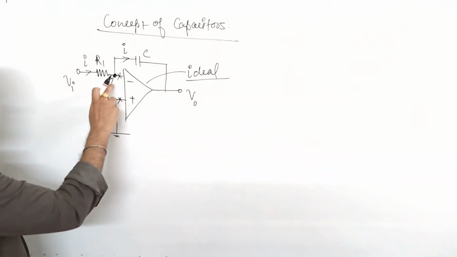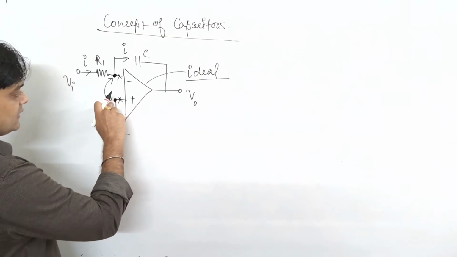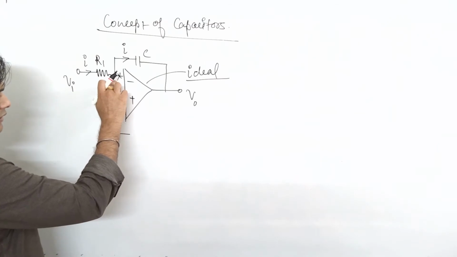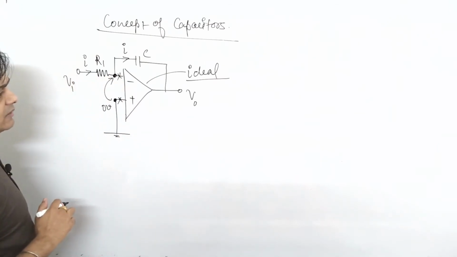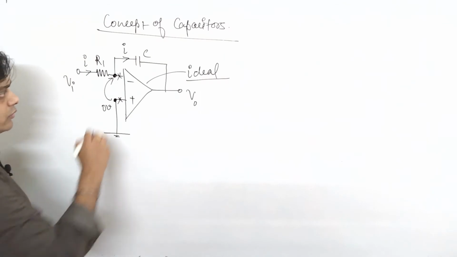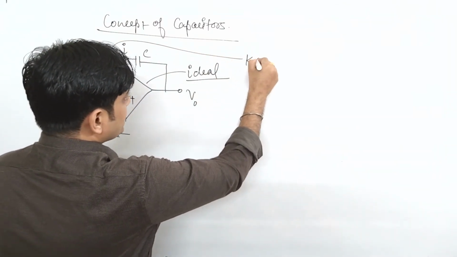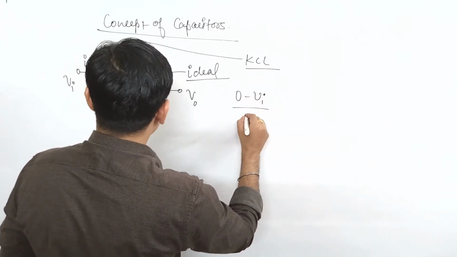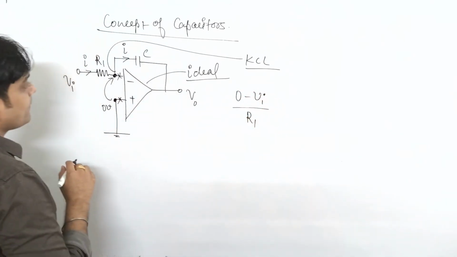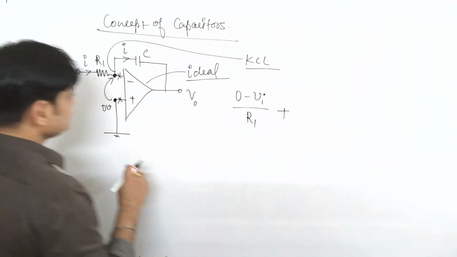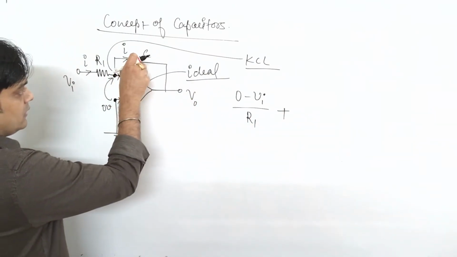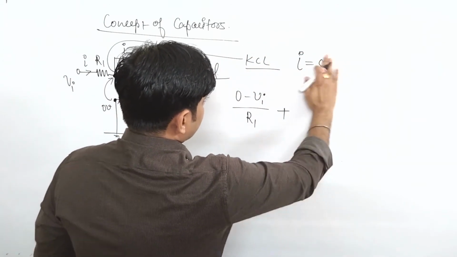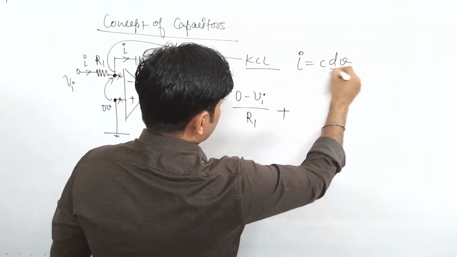Now if this is the potential at ground, the voltage here is 0 volt, similarly the voltage here is 0 volt. So can we find the relation between V0 and Vi by applying KCL at this node? Yes. So I am applying KCL at this node. You can say that 0 minus Vi upon R1, plus, now see, the current across the capacitor, as I mentioned, is I, that is C dV by dt.